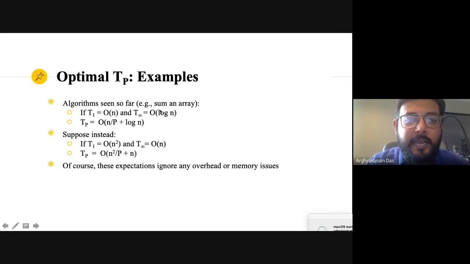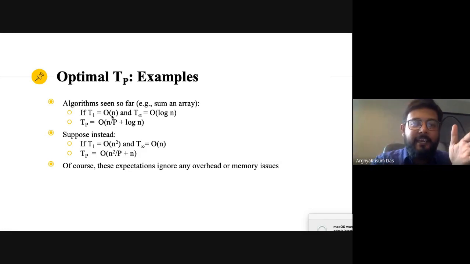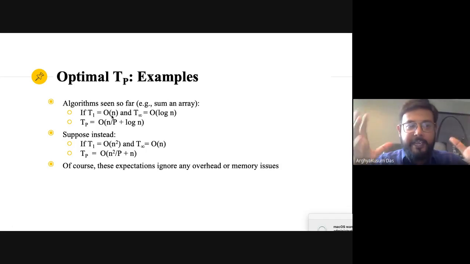What happens if we consider this sum of an array example? Here T1 is order of n, because you have only one processor and you are adding n numbers. If there are n data elements, you have to do n computations.